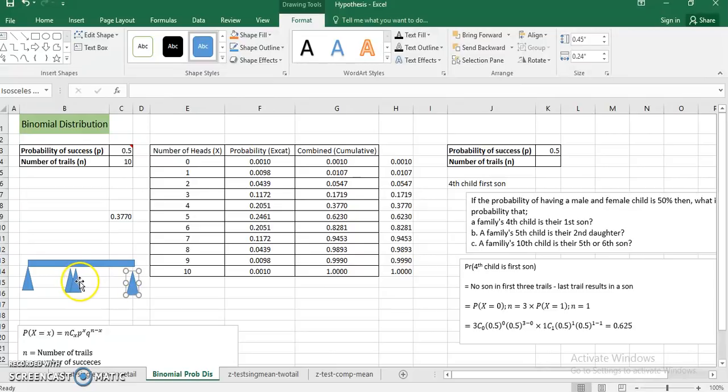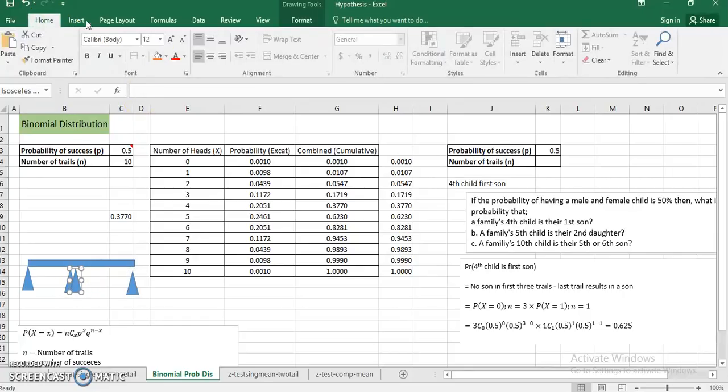I'm interested in at least 6 heads. So this particular triangle, which I'm putting in red, is representing 6, and this one here is representing 10. So at least 6 heads. In this particular cell I have the probability from 0 to 5 heads.